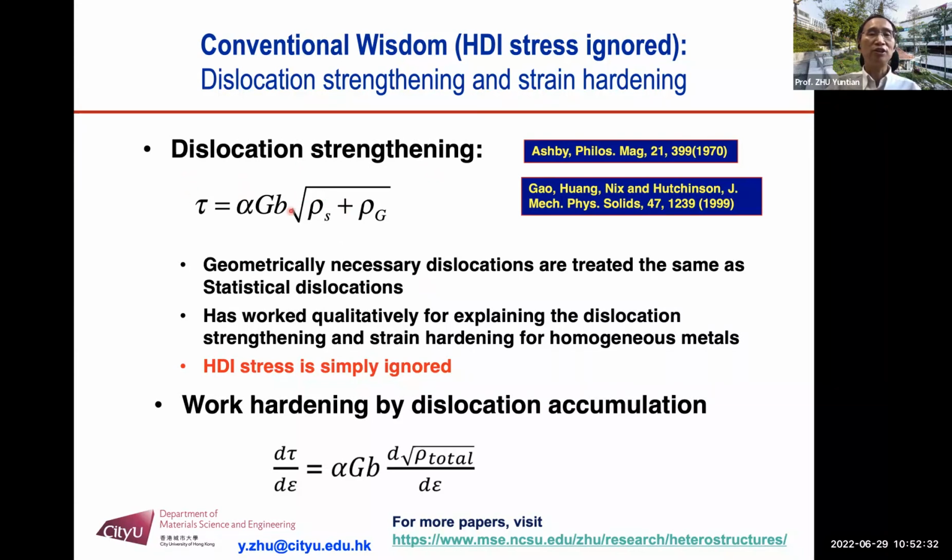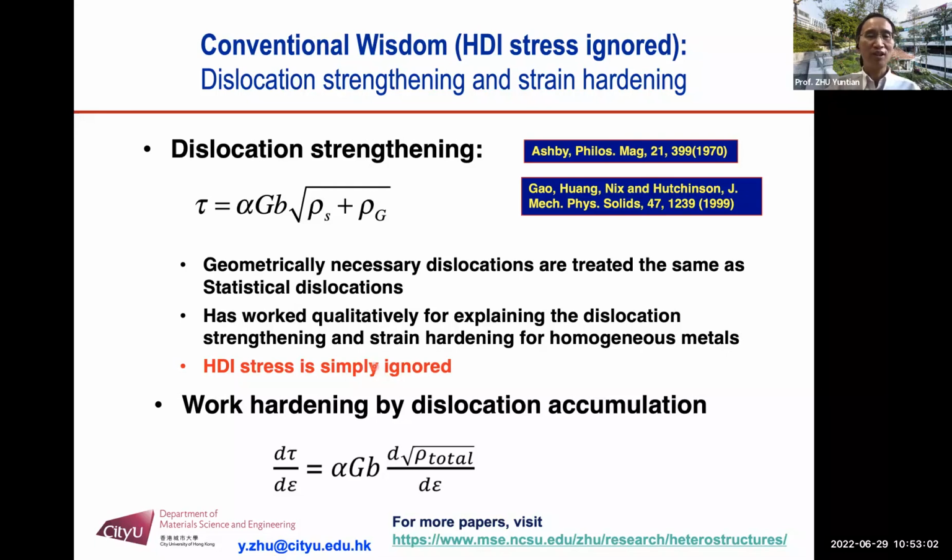See this Taylor's equation, where rho S is the density of statistical dislocations and rho G is the density of geometrically necessary dislocations, GNDs. It does not differentiate statistical dislocations or GNDs. They're all the same. So in this equation, the HDI stress is simply ignored because it is kind of low.